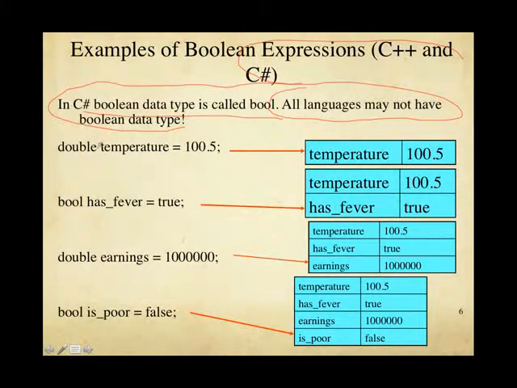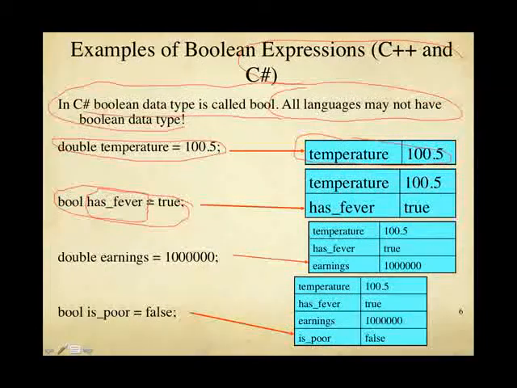If we declare double temperature equal to 100.5, the RAM map is this. And then, since this is a temperature more than 98.4, I can set bool hasFever equal to true. In this case, hasFever is a Boolean expression, and in the RAM it looks like this.